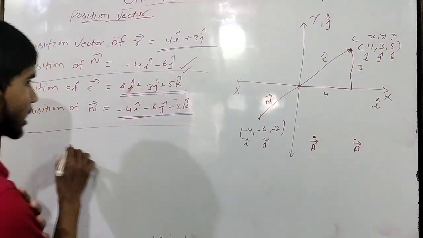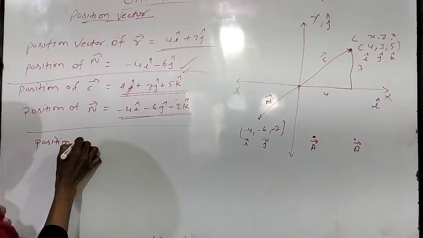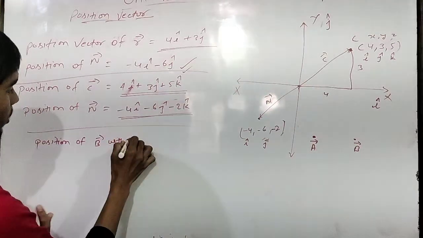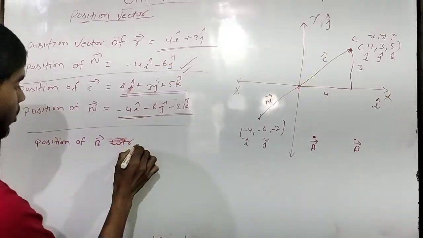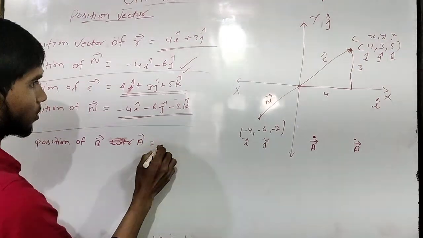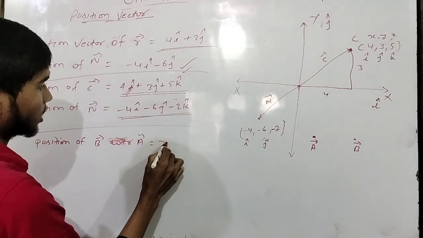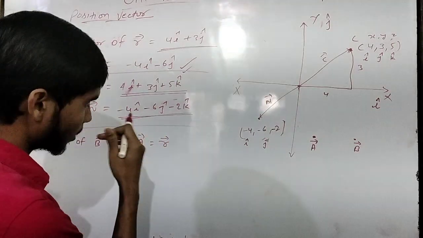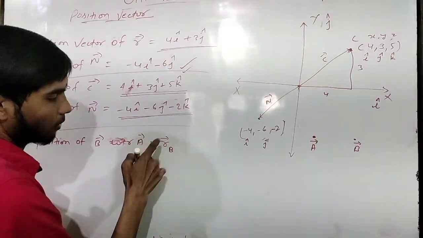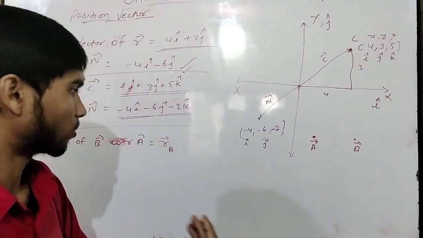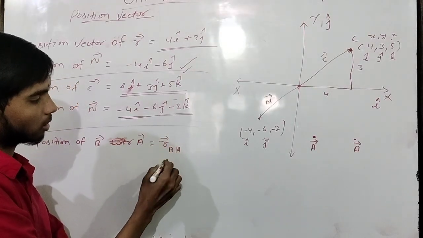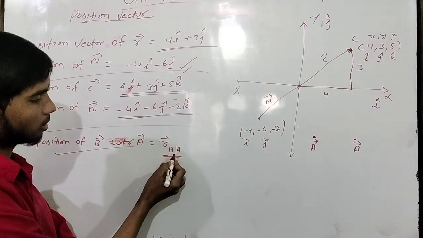So you will write it like this: position of B vector with respect to A vector. Or you can say this R vector; we represent position by R. So the position vector of B with respect to A. In short, you will represent this line in this way.